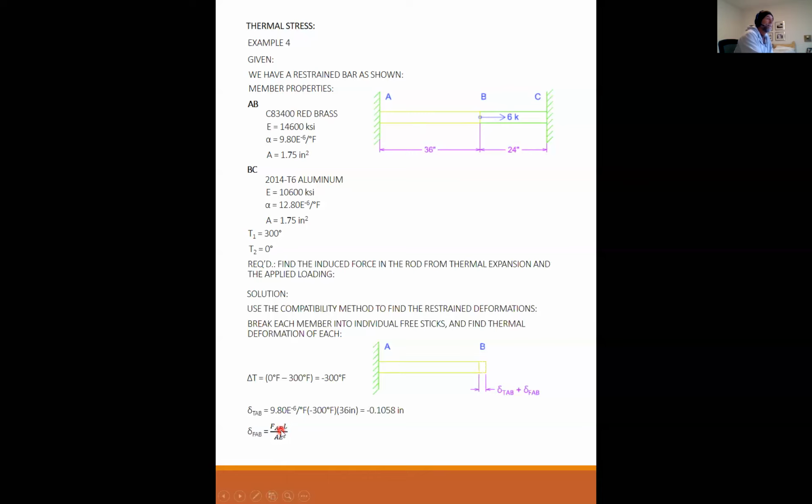So FAB is the portion of the 6 kips that is in AB, and it's going to be constant. So you have a constant force over a length of L divided by AE. I can plug in what I know. I know L, I know A, I know E. So delta FAB is the force in AB over 709.722 kips.